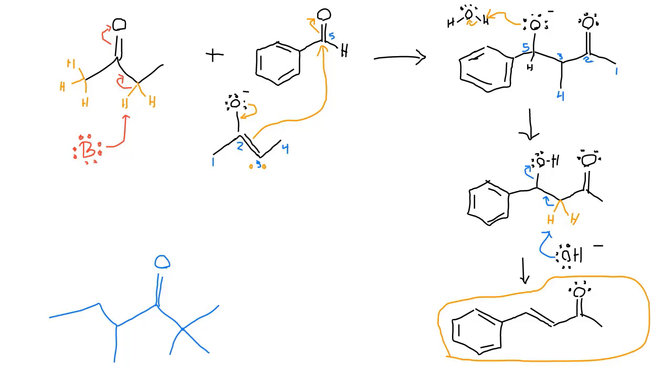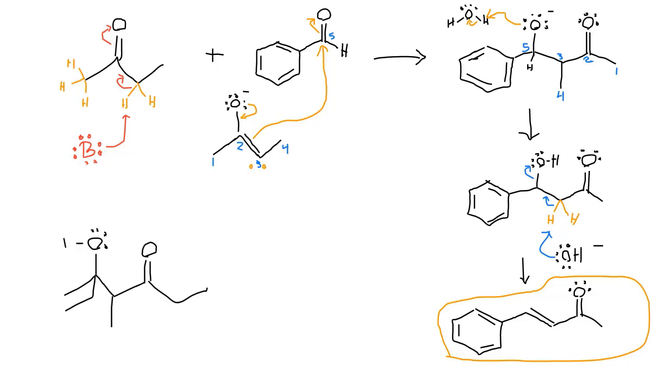Now, if you had a standard aldol addition, here I'm going to go ahead and delete this, with maybe that original item adding to itself, so let's say you had something like this.